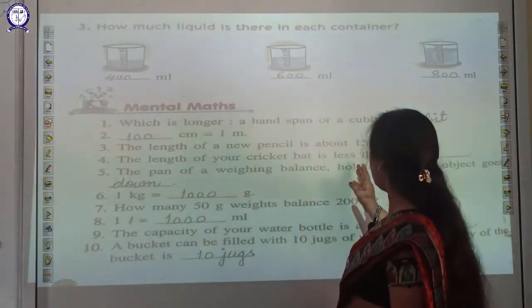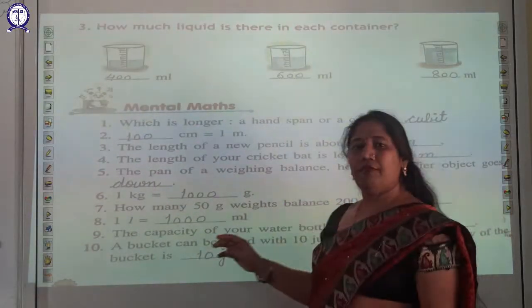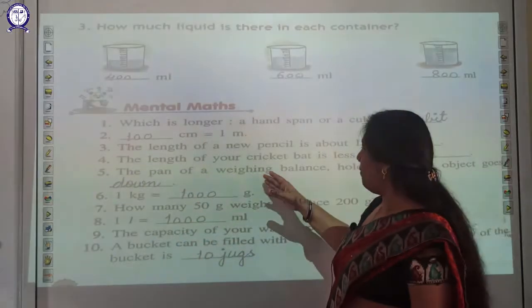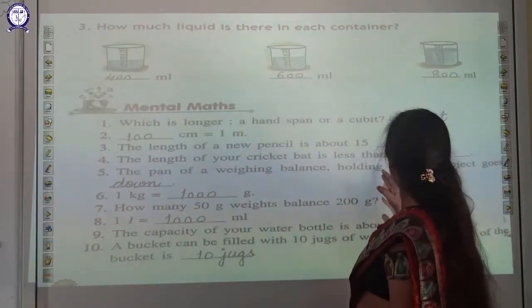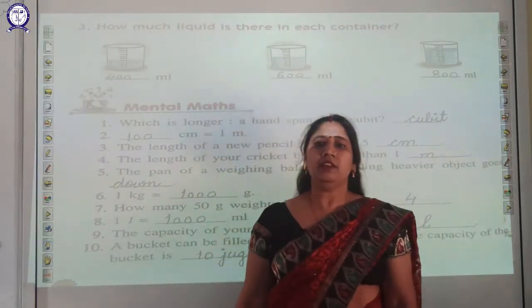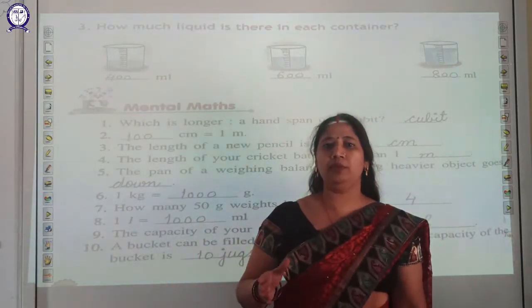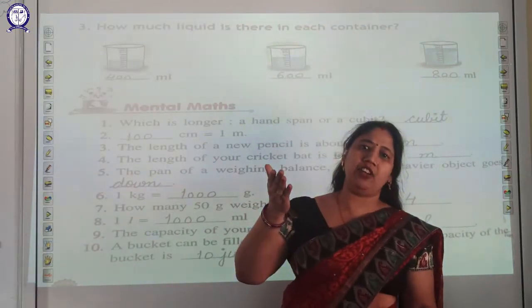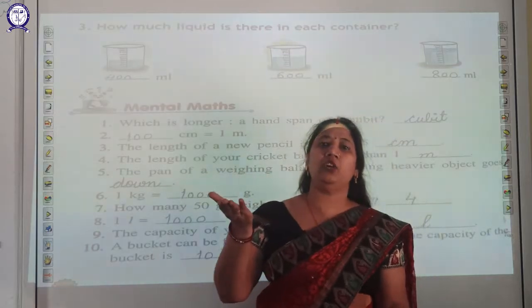Length of your cricket bat is less than 1 meter. In a weighing balance, the pan holding the heavier object goes down like this. That is the heavier object and that is the lighter object.